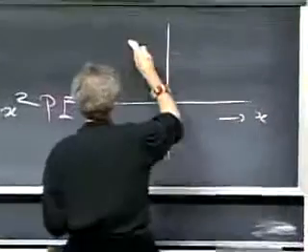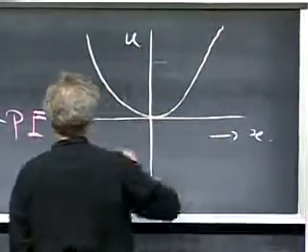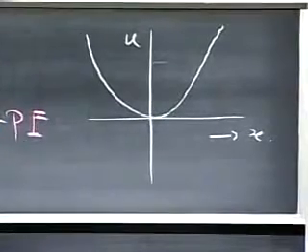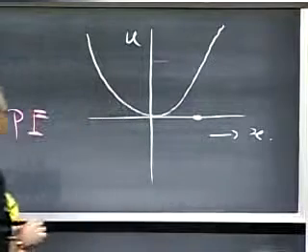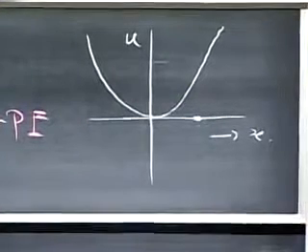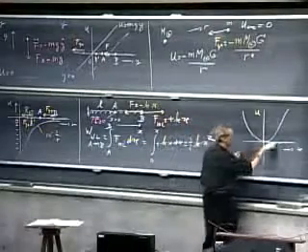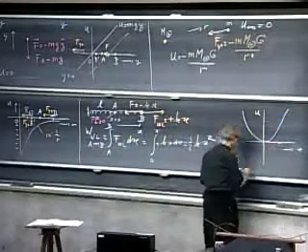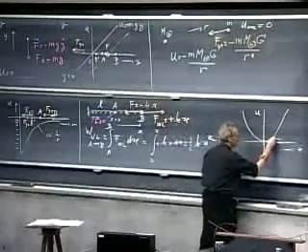So if you now make a plot of the potential energy as a function of x, you get a parabola. If the object is here, then the force is always in the direction opposing the increasing potential energy. If you go this way, potential energy increases, so it's clear that the force is going to be in this direction.